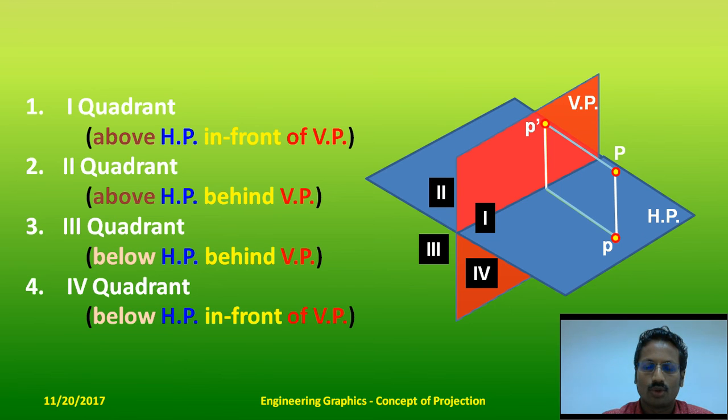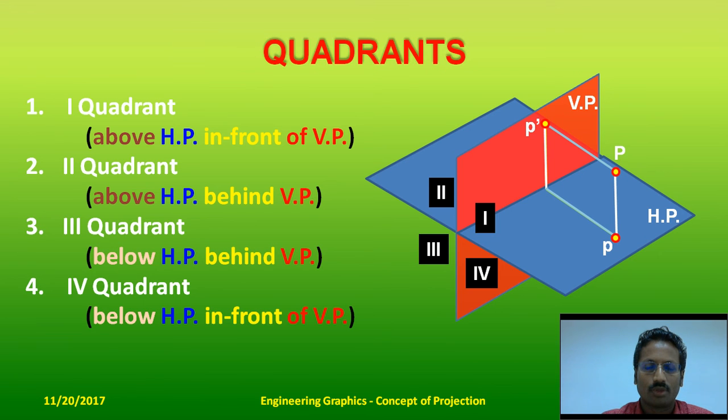And you find that we have obtained the images P dash and P, which are front view and top view respectively. And how this is represented, you need not represent on a three-dimensional plane with such complex diagrams. We can go for a very simple sketching.